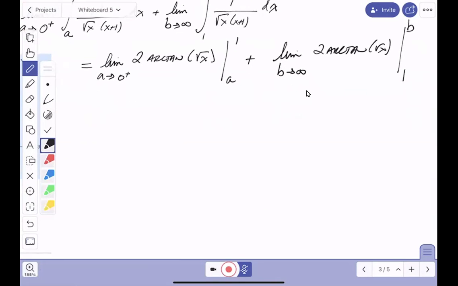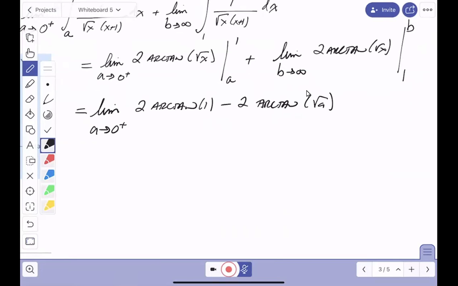I got to do some work now. Equals the limit as a goes to 0 from the right side, 2 arctan. Well, root of 1 is 1, right? Minus 2 arctan, and that would be the root of a, right?